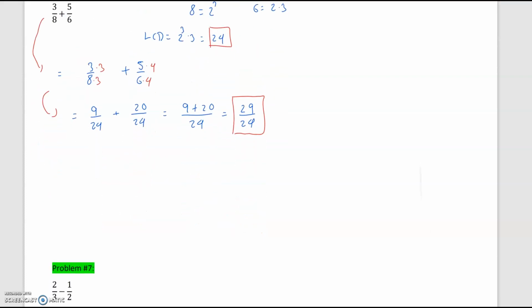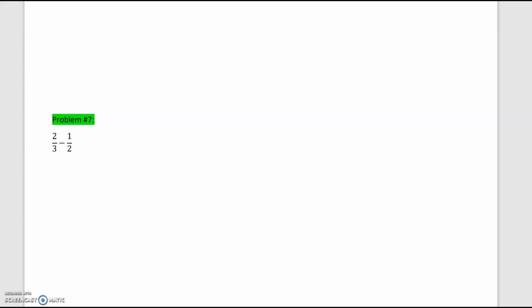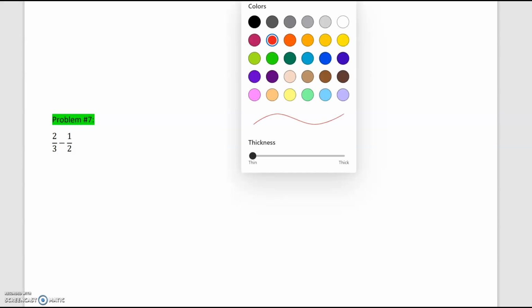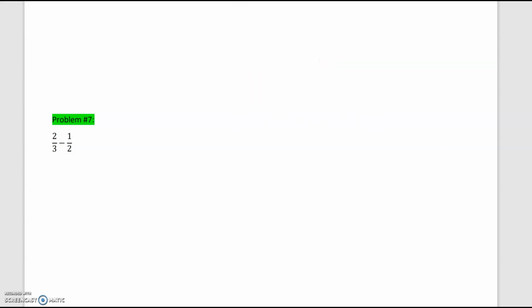Let's move on to 7. And then 7, well, we already did one with a 3 and a 2. So in this case, your LCD is equal to 6. So let me rewrite it. So this is 2/3 minus 1/2.